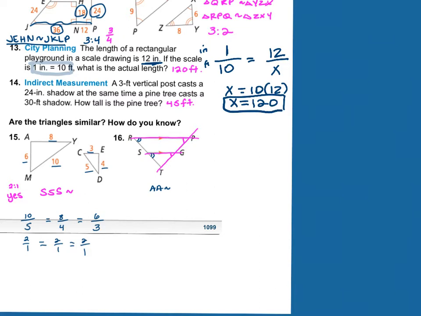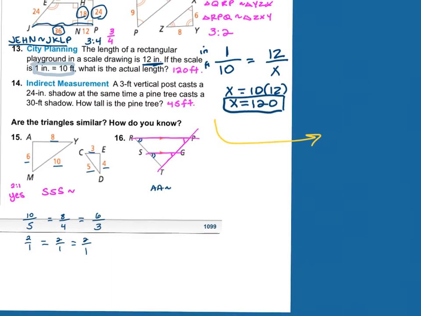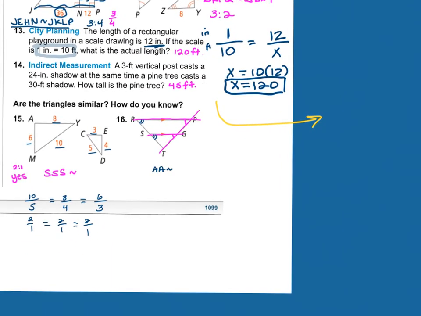Number 14 says a 3-foot vertical post casts a 24-inch shadow. So now I've got the post over its shadow would be 3 to 24. At the same time, a pine tree casts a 30-foot shadow. So now I'm doing the tree to its shadow. And the pine tree is what we don't know. And so this is 30 feet.